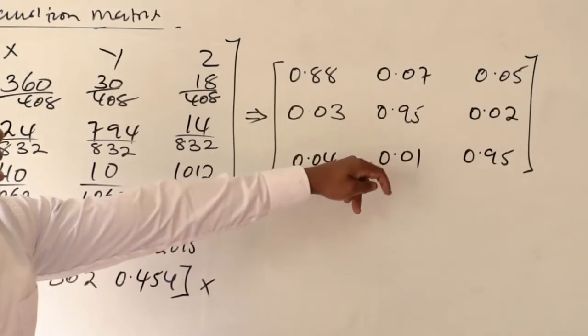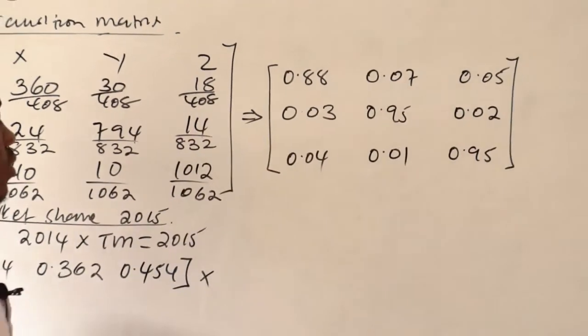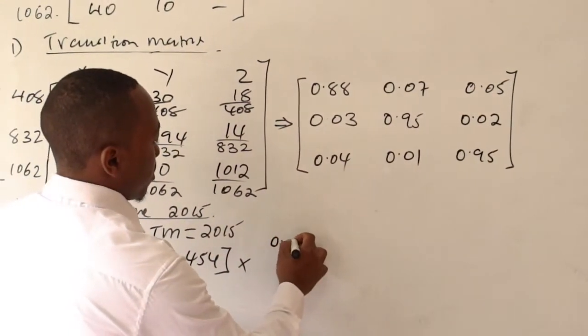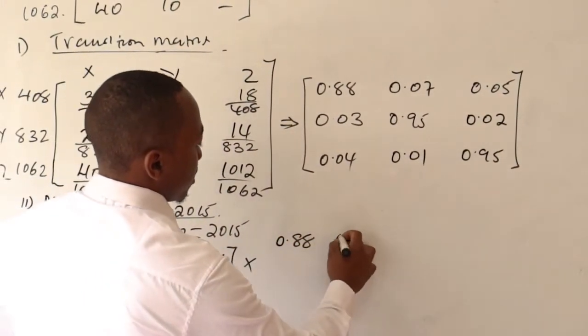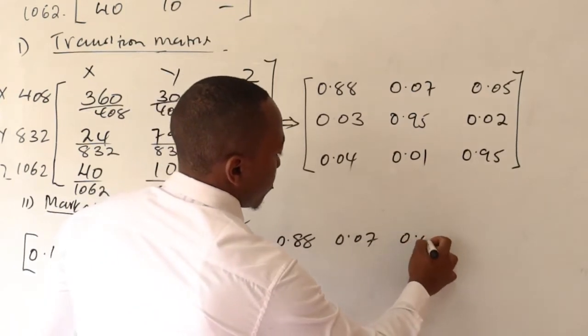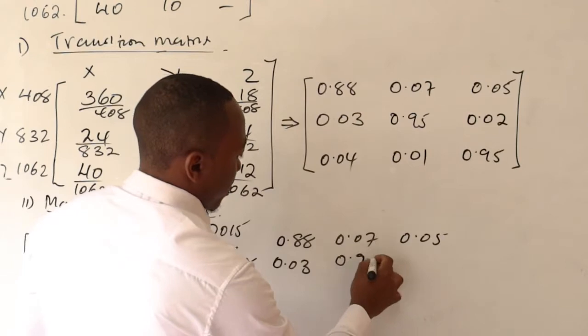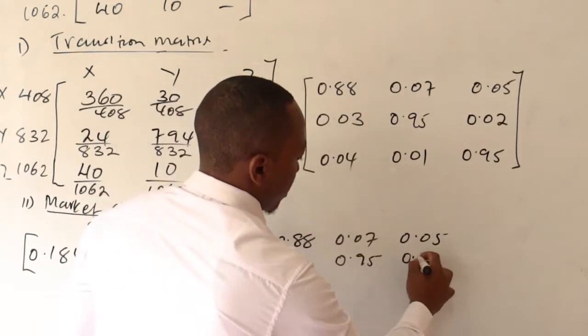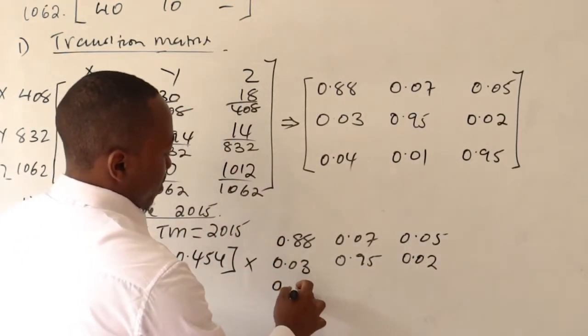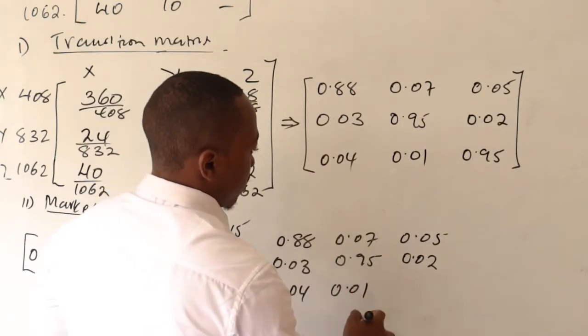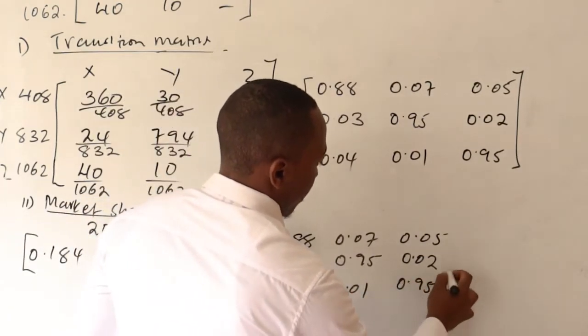What you have developed at step number 1 is the transition matrix, where we had 0.88, 0.07, and 0.05; 0.03, 0.95, 0.02; 0.04, 0.01, 0.95.